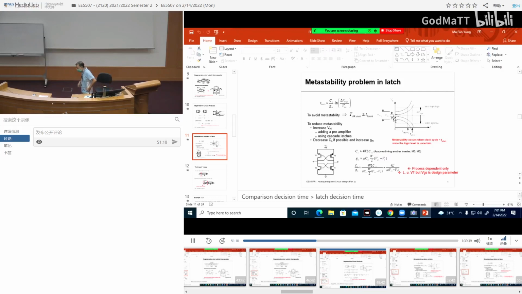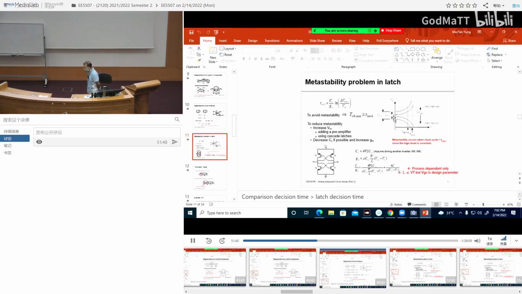Even though it's exponential, if the initial difference is very small, what will happen? It will take a longer time to finally get to the end. The bigger the difference, the faster the exponential will reach VDD and ground. The smaller the difference, the longer it will take.